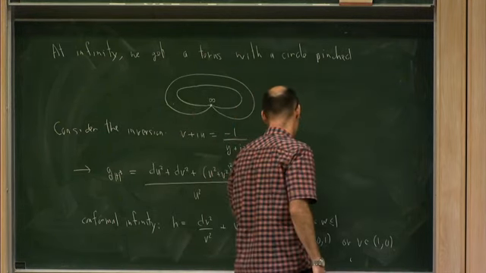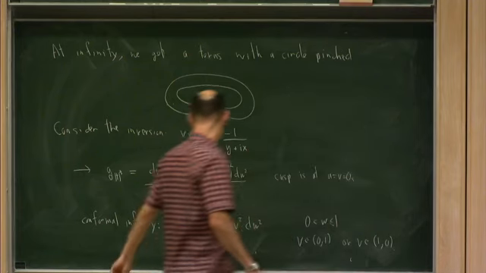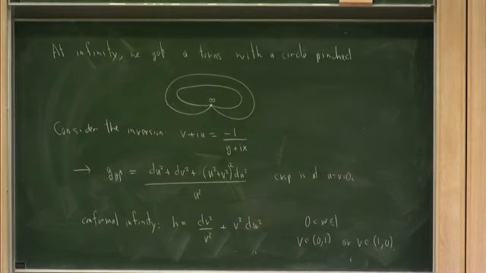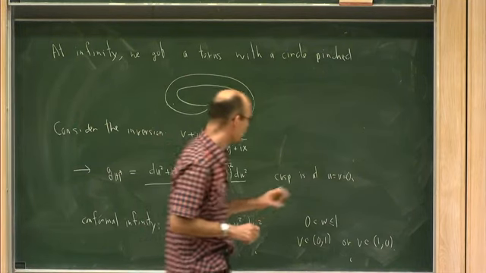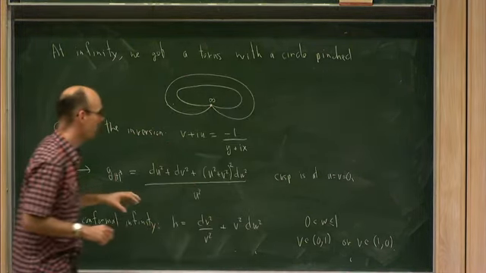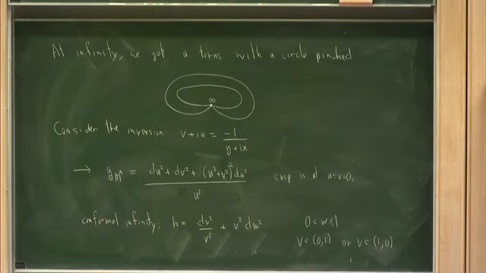The cusp is at u equal to v equal to 0. Essentially, it's not a rigorous statement, but what we can do is introduce polar coordinates.